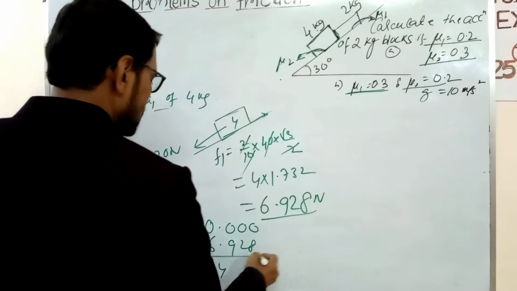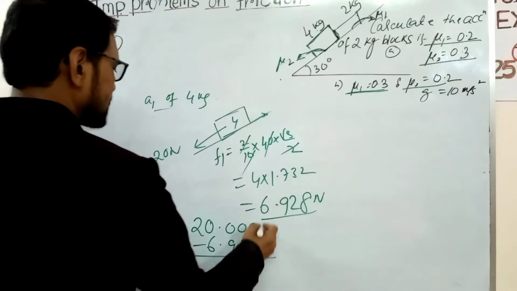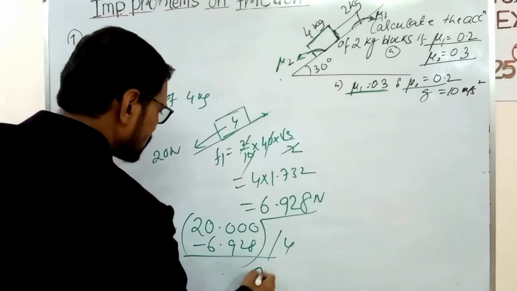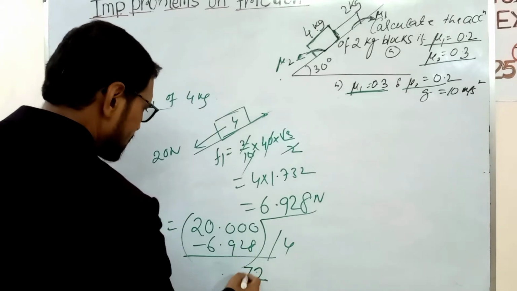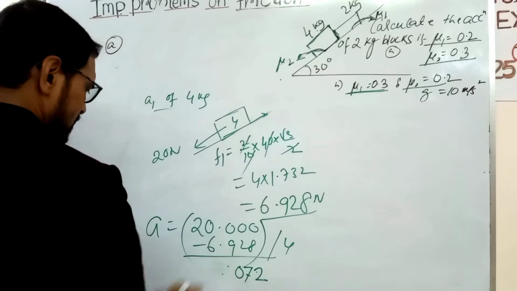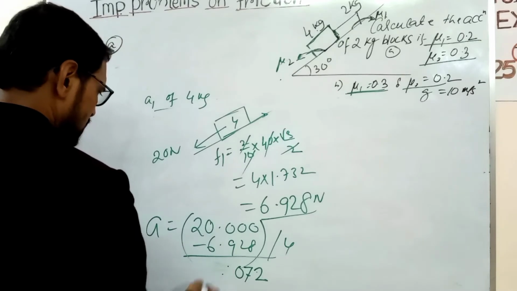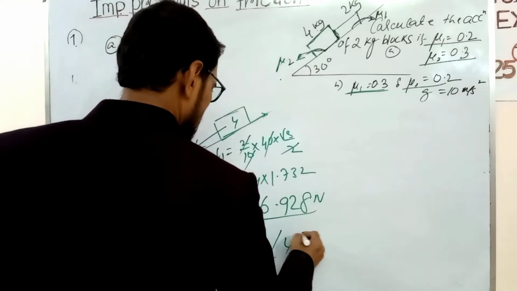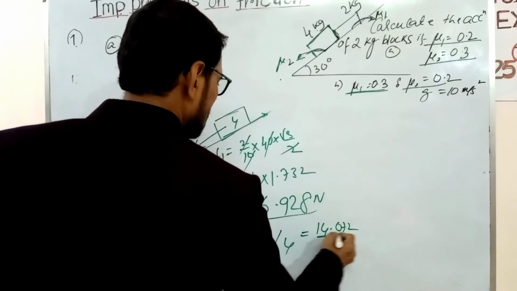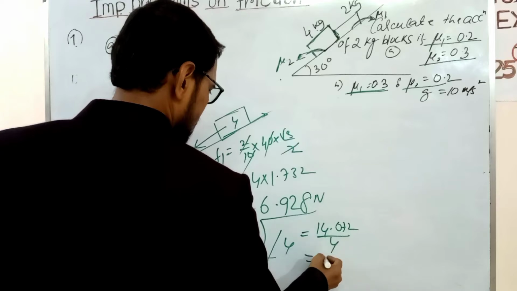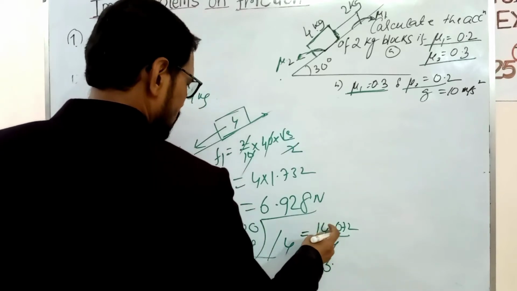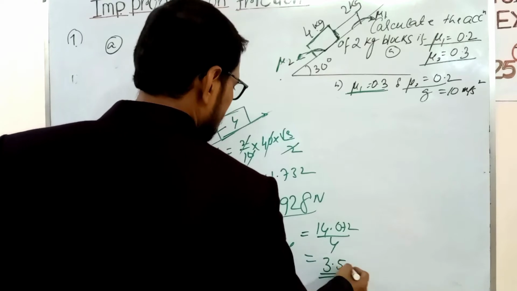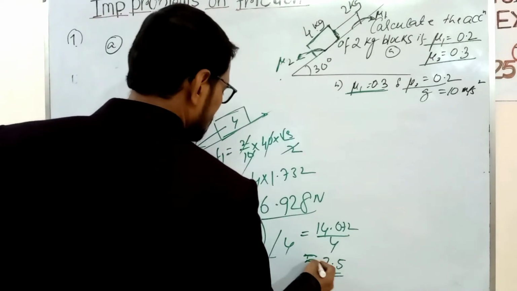Now this is 14.072 divided by 4, so this will be 3 point something.